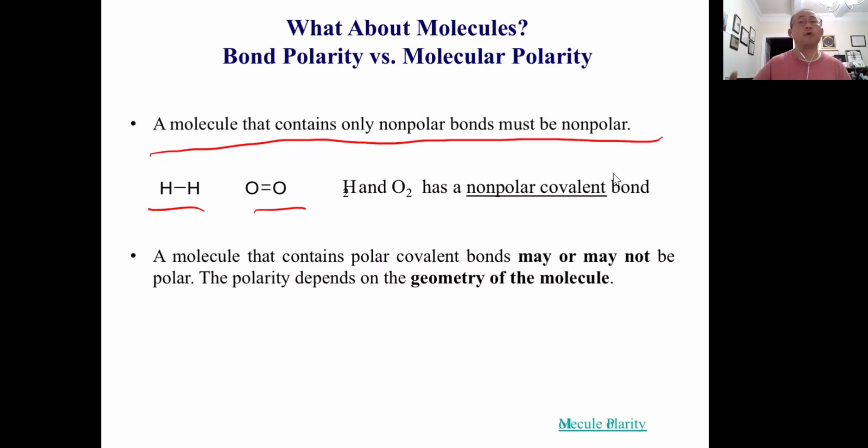A molecule containing polar bonds may be polar or nonpolar if the molecule has multiple atoms. Whether the molecule is polar or nonpolar depends not only on each individual bond, but also on the geometry of the molecule.